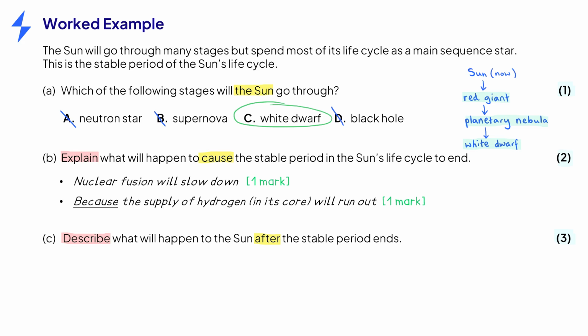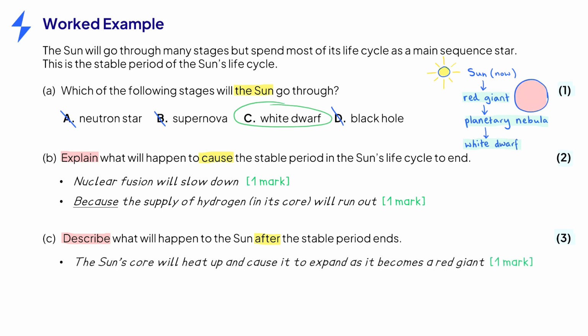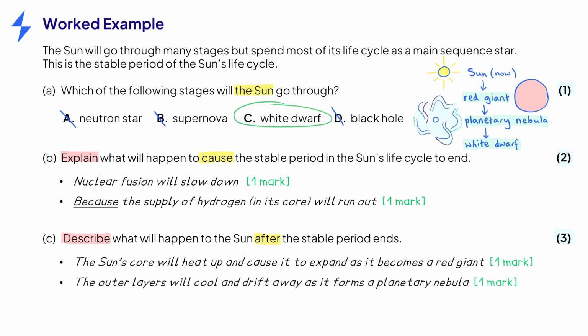So for the 1st mark, after the Sun's main sequence stage, the core will shrink and heat up, and the outer layers will expand as it becomes a red giant. For the 2nd mark, the outer layers will cool down and drift away as it becomes a planetary nebula. And for the 3rd mark, once the outer layers have drifted away, a hot, dense core, or a white dwarf, will be left behind.